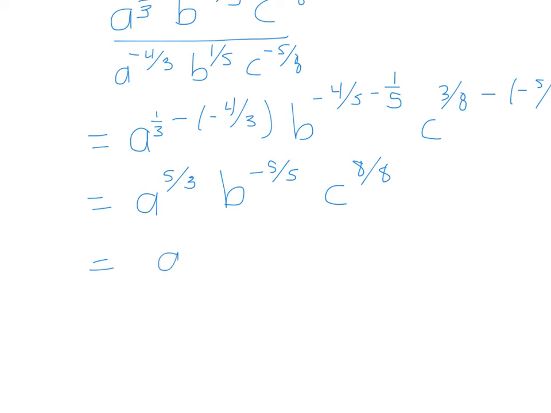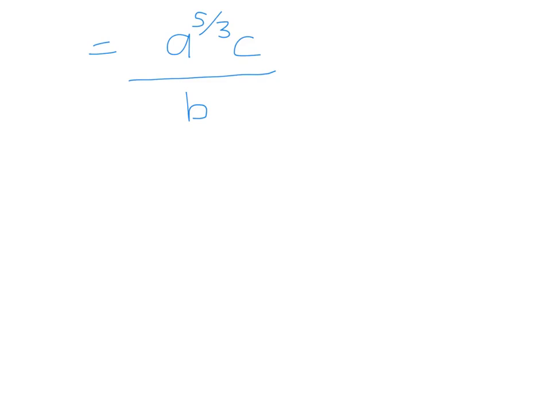So a has a positive exponent, so that's going to stay in the numerator. B's got a negative exponent. It's negative 5/5, which is equal to -1, so that's just b to the 1 in the denominator. And then c to the 8/8 is c to the 1, and it's positive, so that goes in the numerator. Okay, one more example for this video.